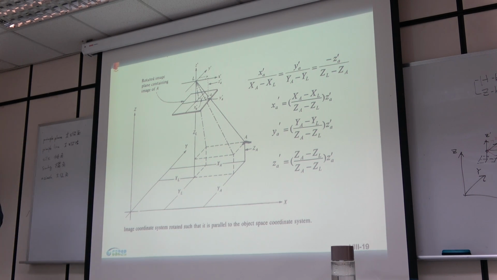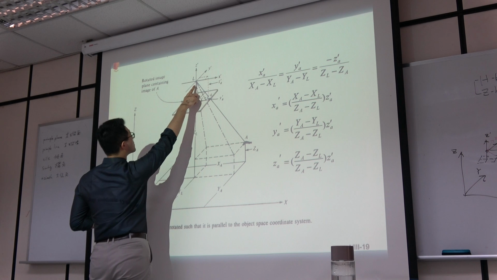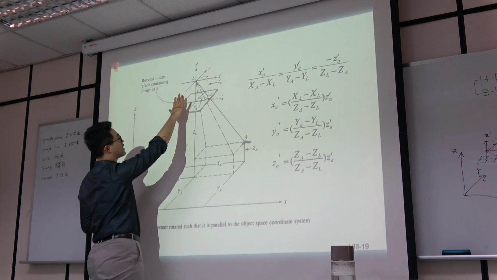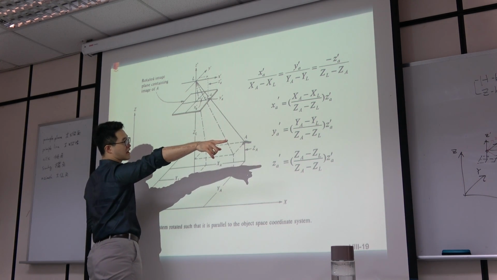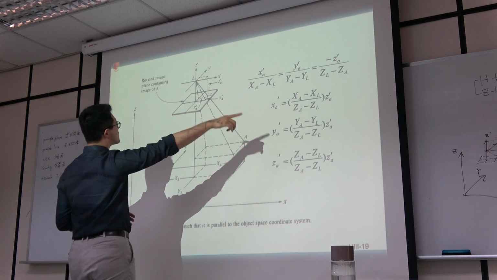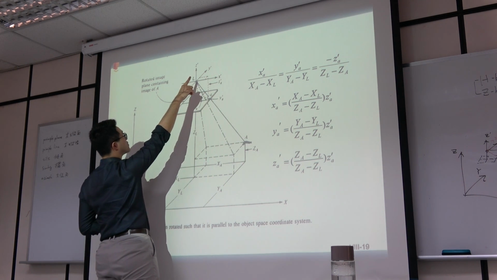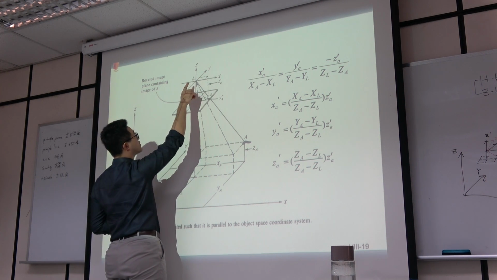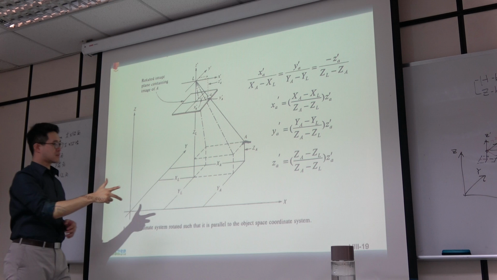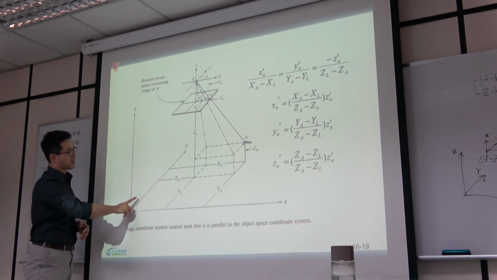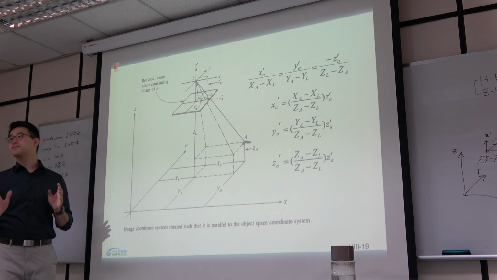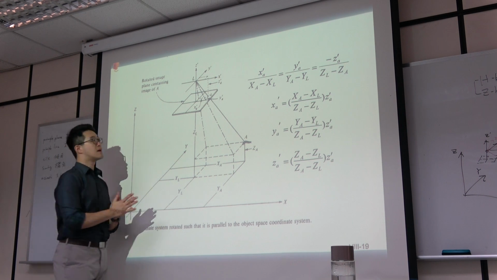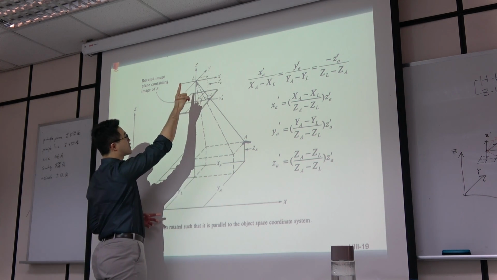Assume that we have a vertical photo taken at exactly the same location, which is L. Here is the vertical photo, as we introduced earlier. We have the perspective center as the origin, and we have the x plane, y plane, and z plane, which are parallel to the x, y, z coordinate system in the object space. Okay, so let's assume we are taking a vertical photo.